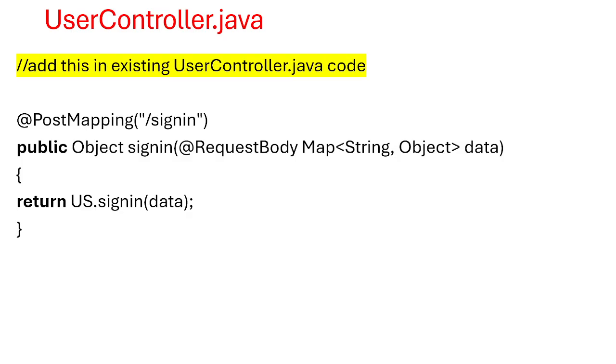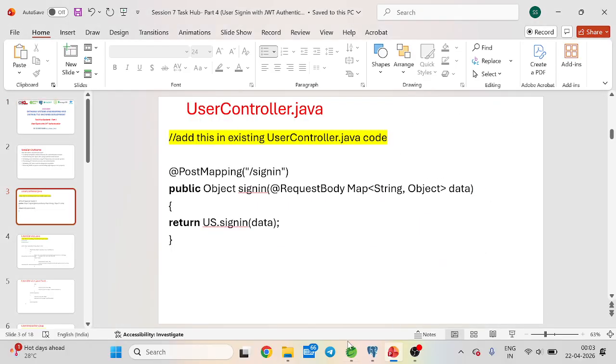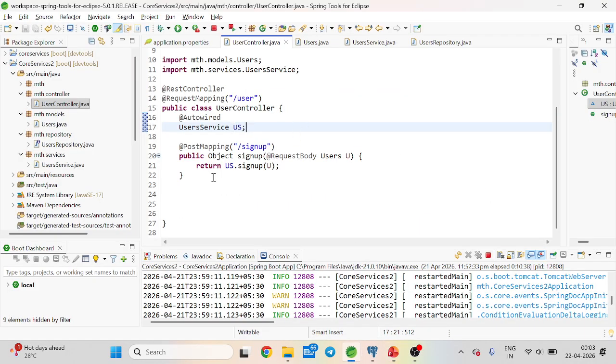So let me go to the previous source code. In the controller, we already added the sign up post mapping for the sign up process. Now this time I'm going to perform it for the sign in. For that I want to create one function called sign in.